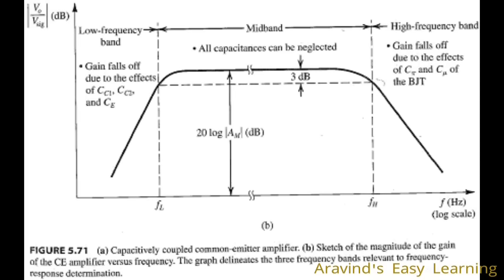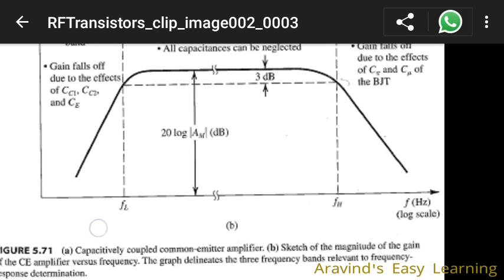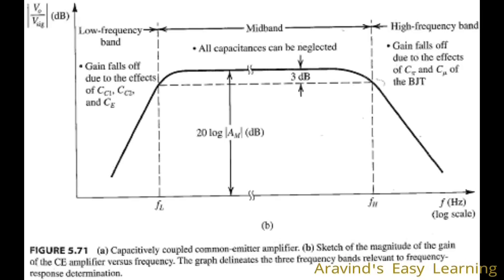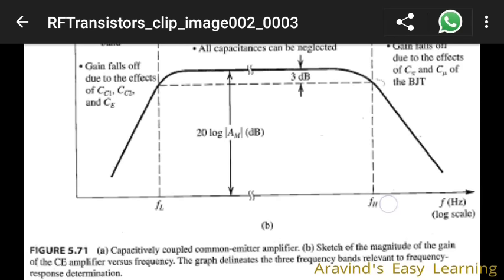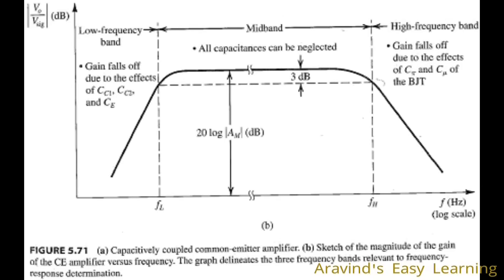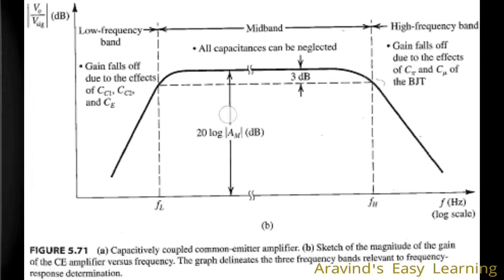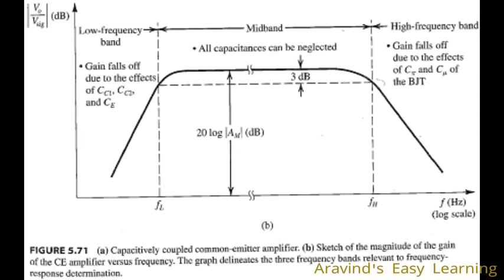In both these regions, we see that the gain becomes reduced when frequency is less than FL, this frequency, and for another frequency FH, the gain gets reduced again. But at the center, the gain is almost constant. So what happens in these two regions? Why is the gain reducing?